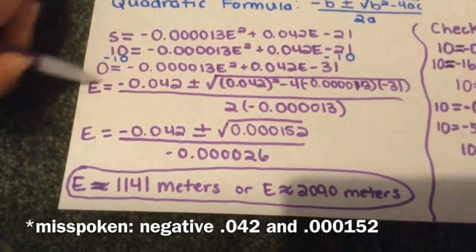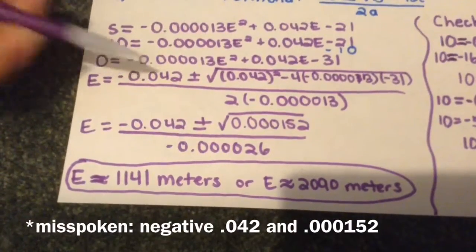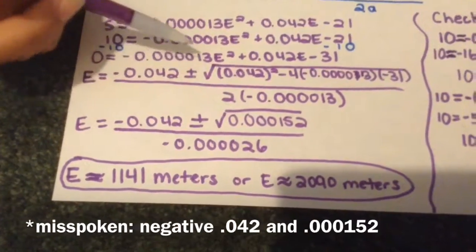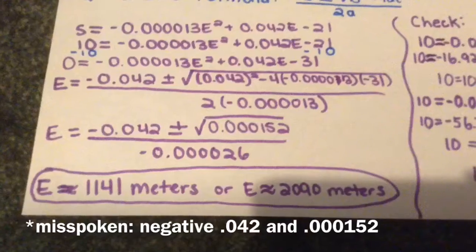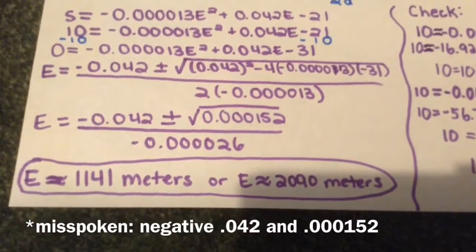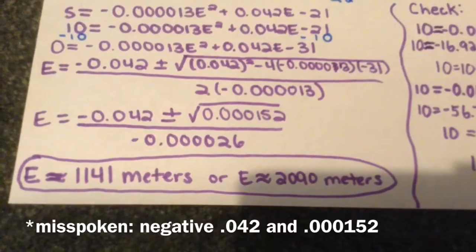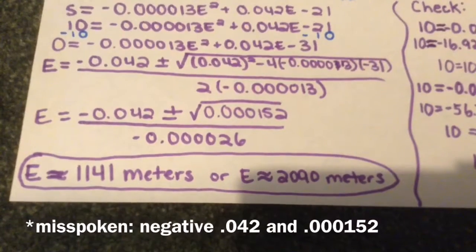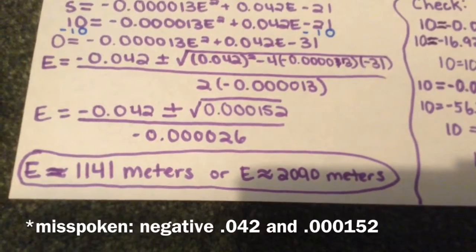So the elevation would equal negative 0.042 plus or minus the square root of 0.042 squared minus 4 times negative 0.000013 times negative 31, all over 2 times negative 0.000013.